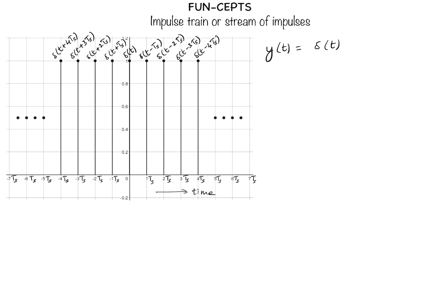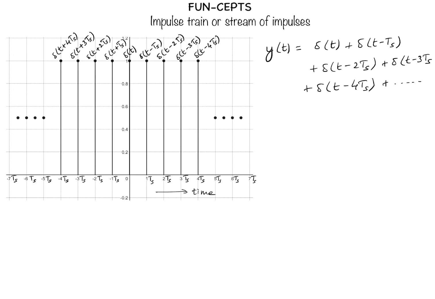So it's delta of t, plus delta of t minus Ts, plus delta of t minus 2Ts, plus delta of t minus 3Ts, plus delta of t minus 4Ts, and so on and so forth.